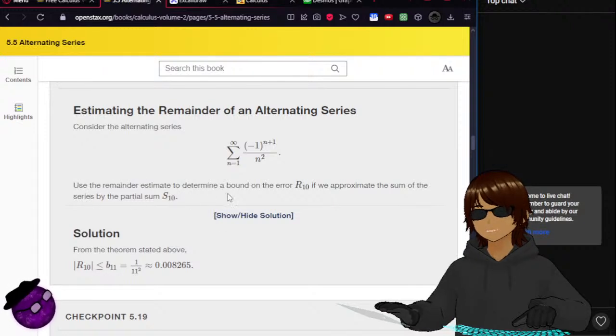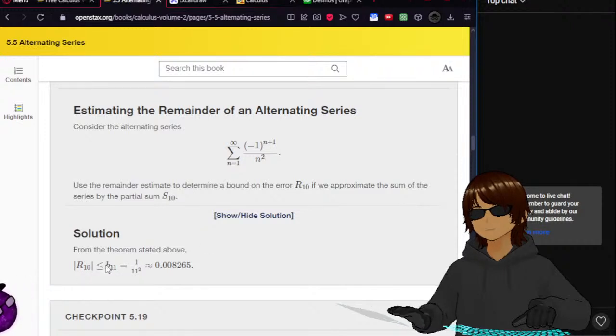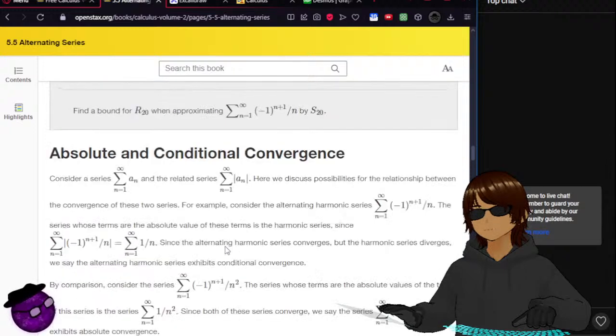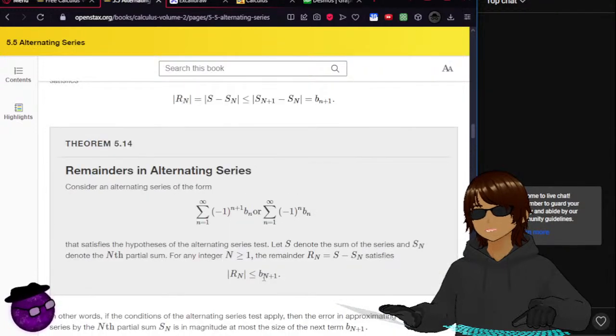To determine a bound on the error R10, if you approximate the sum of the series by the partial sum S10. So we have calculated n equal to 1, 2, 3, 4, 5, 6, 7, 8, 9, 10. We have summed them. We want to calculate from 11 onwards. Why would it be like this? B11.